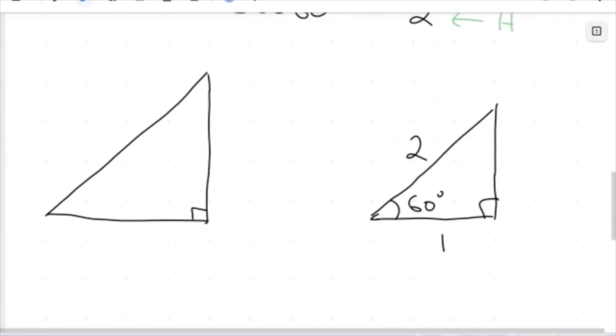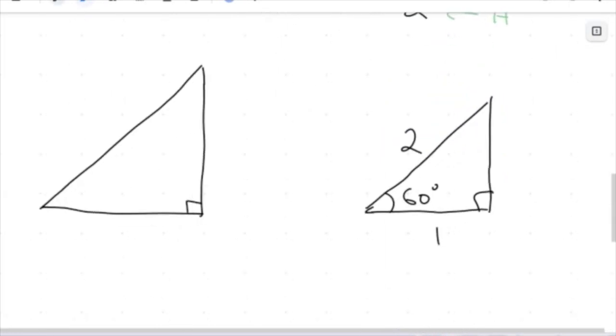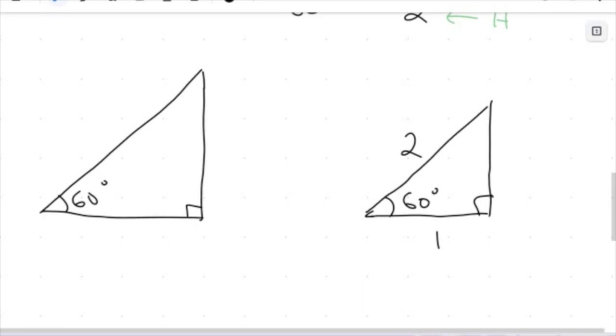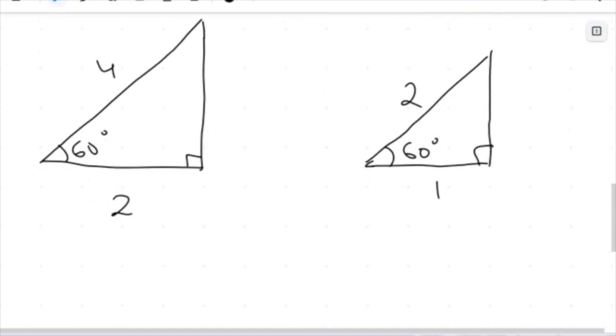So if I had the same angle, for a similar triangle, I would also get the same thing if I had, for example, 2 and 4. Because if I put cos 60 into my calculator, that gives me 0.5.